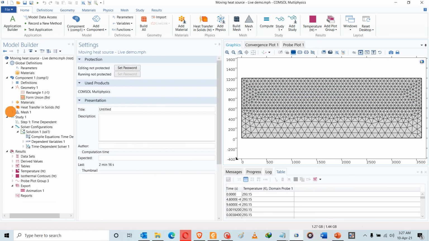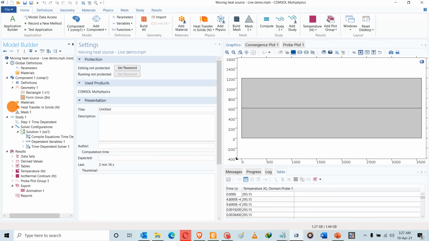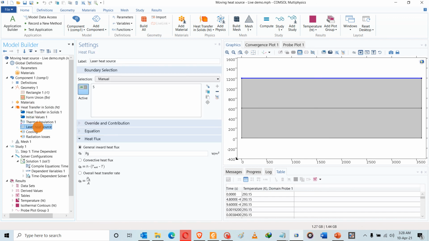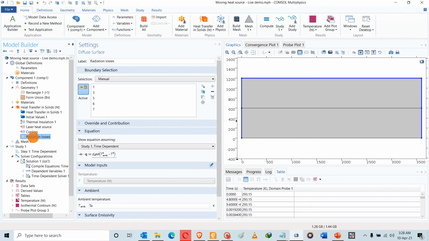And then after that, we inserted the material properties, and the material, which was alumina, which we created in our earlier demonstrations. And then we defined the heat transfer physics by inserting a heat flux to define the Gaussian laser heat source used at the top, the cooling effects by convection, and then radiation losses on the surface as well.